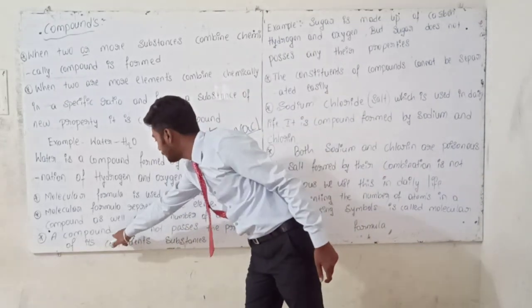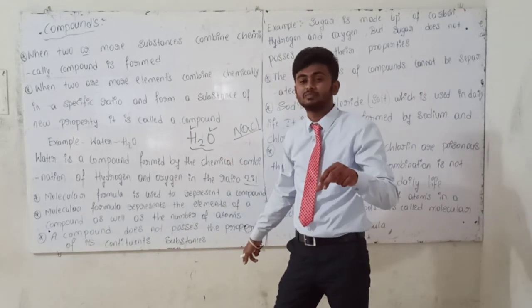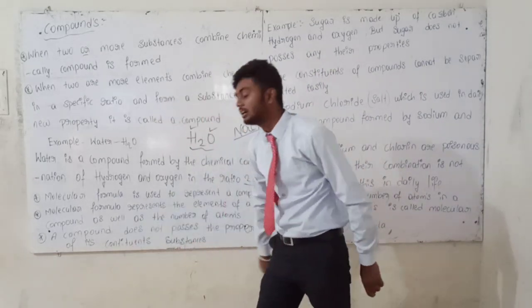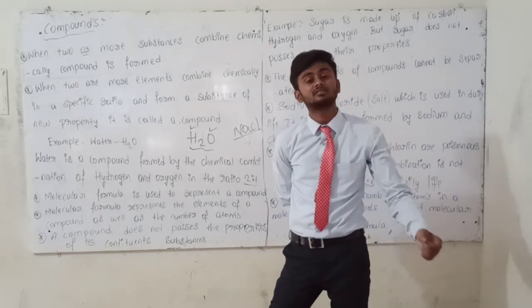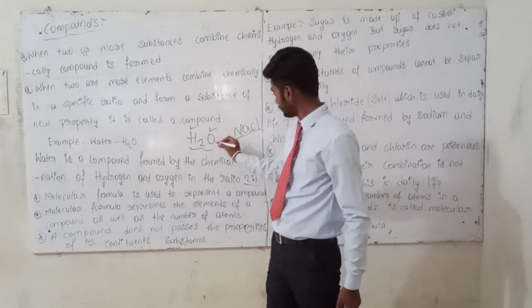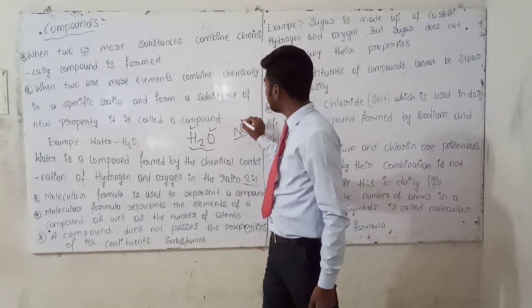A compound does not possess the properties of its constituent substances. It does not show them. For example, sodium is very poisonous.